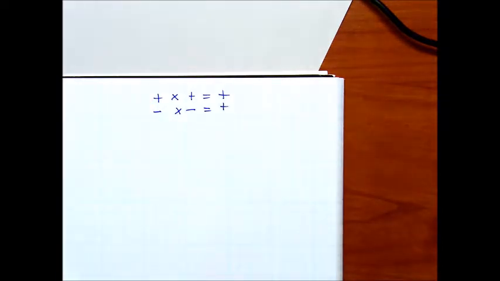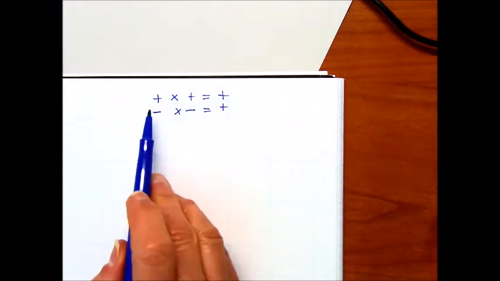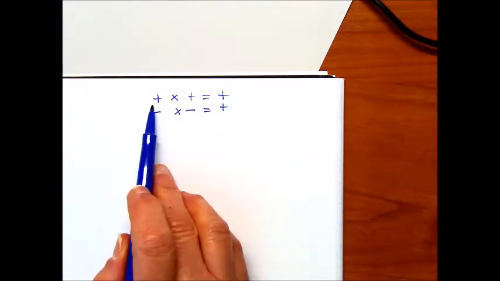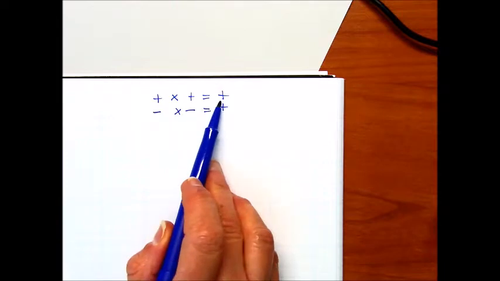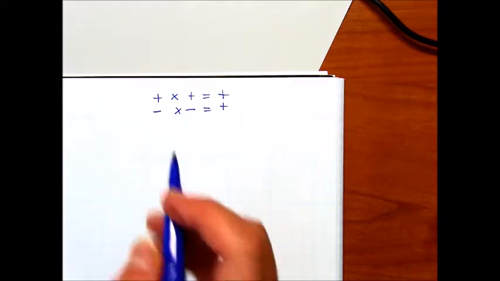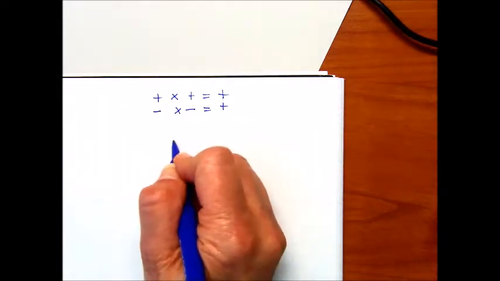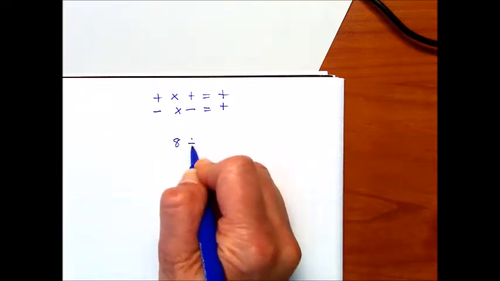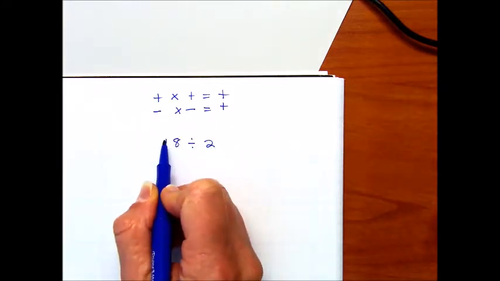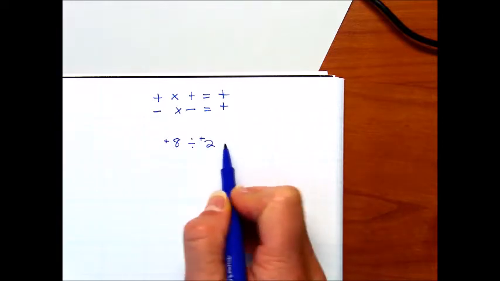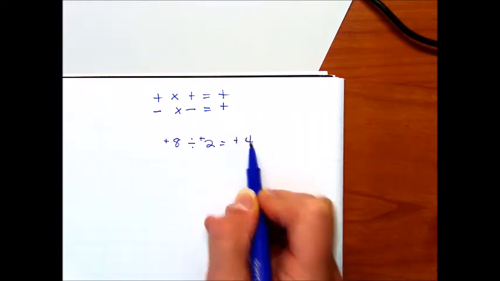So if we look at a division problem with two positive numbers, the divisor and the dividend, your answer would be a positive. For instance, if I had 8 and I wanted to divide that by 2, both of these numbers being positive, I'm going to get a positive 4.